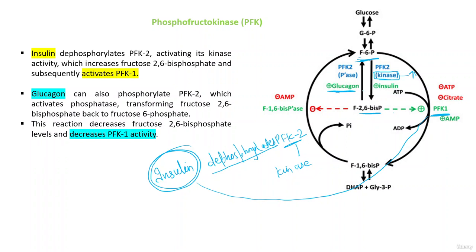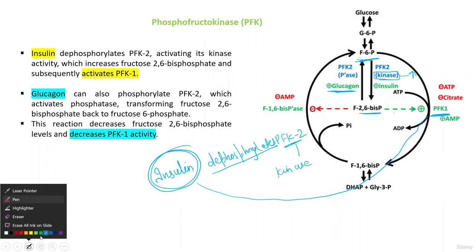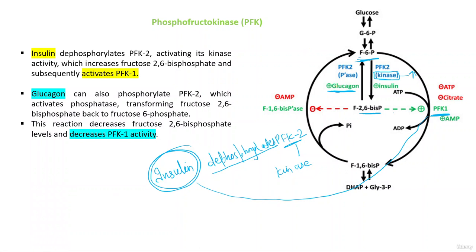Now, if we increase the glucagon level, glucagon phosphorylates PFK-2, which activates its phosphatase activity, and this transforms fructose 2,6 bisphosphate back to fructose 6 phosphate.